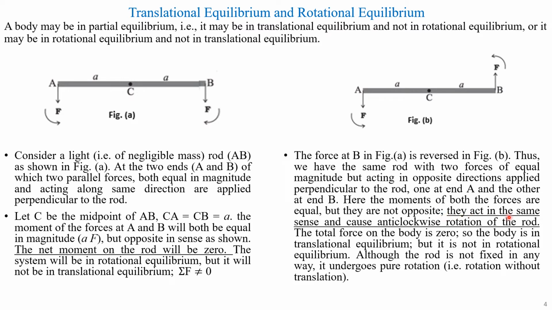They act in the same sense and cause the anti-clockwise rotation of the rod. The total force on the body is 0. So the body is in translational equilibrium, but it is not in rotational equilibrium. Although the rod is not fixed in any way, it undergoes pure rotation, that is rotation without translation. That means it starts rotating.